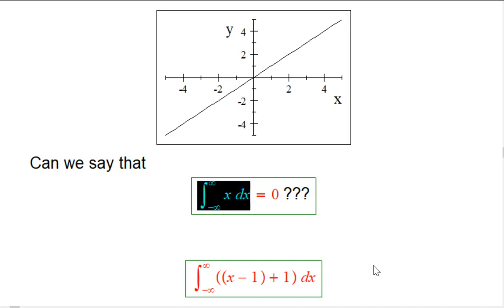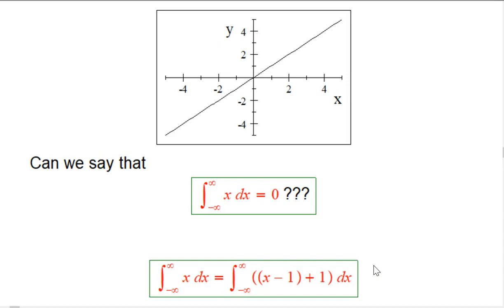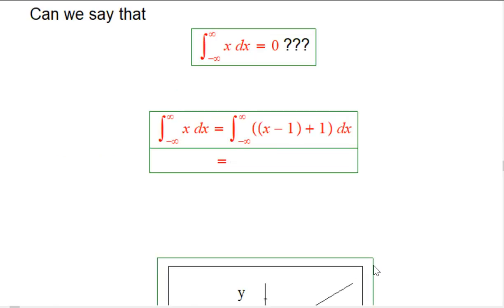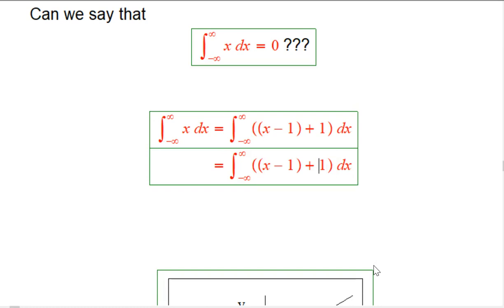So I'm going from here. If this makes sense as a number, for example, maybe you're asserting it's equal to 0, then it should be equal to this integral. And then I should be able to split that up. One of our fundamental principles of integrals is that they're linear, that the integral of a sum is the sum of the integrals.